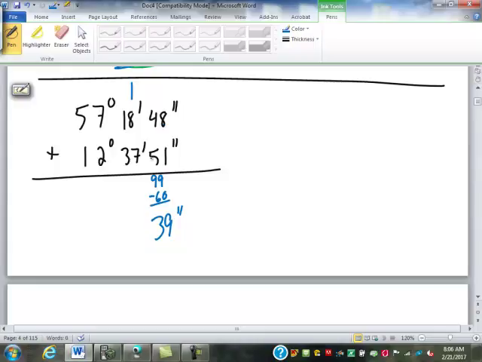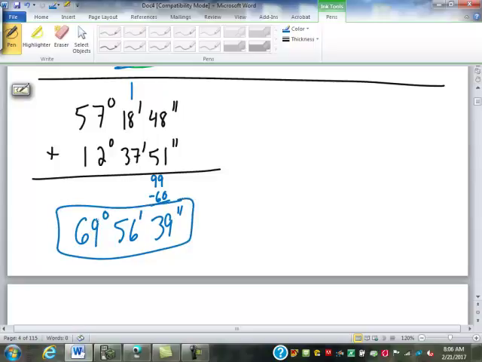I got 99. So I had to carry 1, which takes out 60. Now I've got 1 and 18 is 19, plus 37 is 56. That's just fine because it's not 60 or more. 57 and 12 is 69. That is my degrees, so there's nothing to carry there. Even though it is over 60, it doesn't matter. The degrees can be as big as it wants to be.